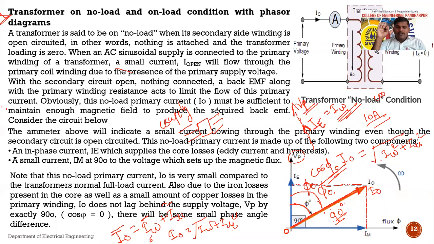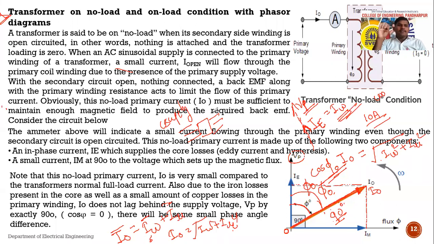No, sir. So the designer should think that if the transformer is somewhat on no load condition, he should think about iron loss, how iron loss can be reduced, and design accordingly.